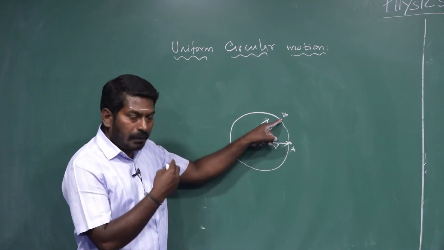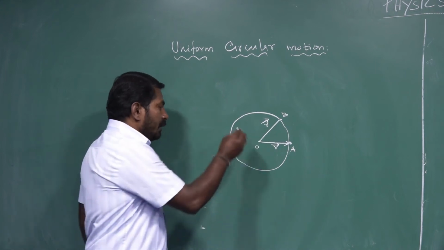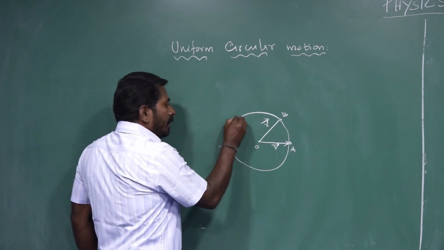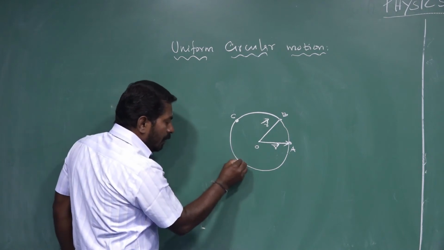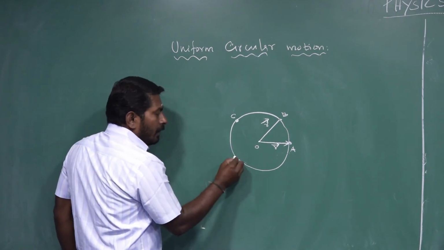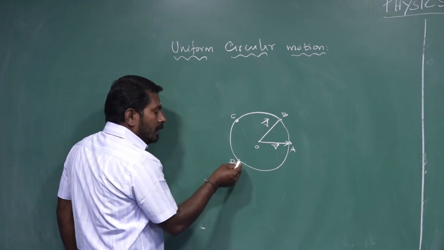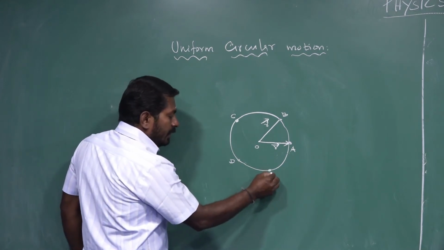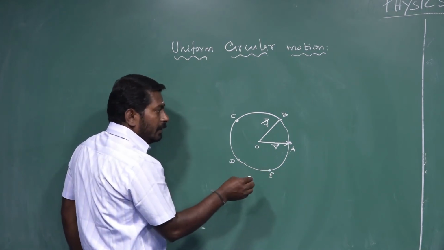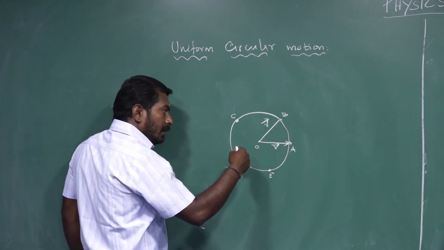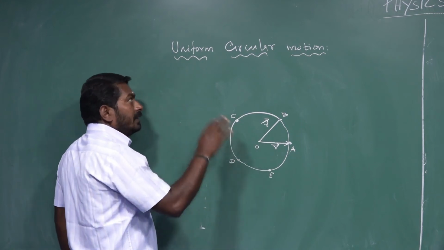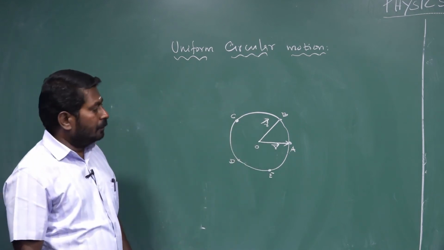At the B point, the speed of the particle remains the same. If it reaches the C point, the speed of that point object remains constant. If the same object reaches the D point with the same speed, reaches the E point with the same speed, then the motion of the point object or a particle revolving in a circular path is said to be uniform circular motion.